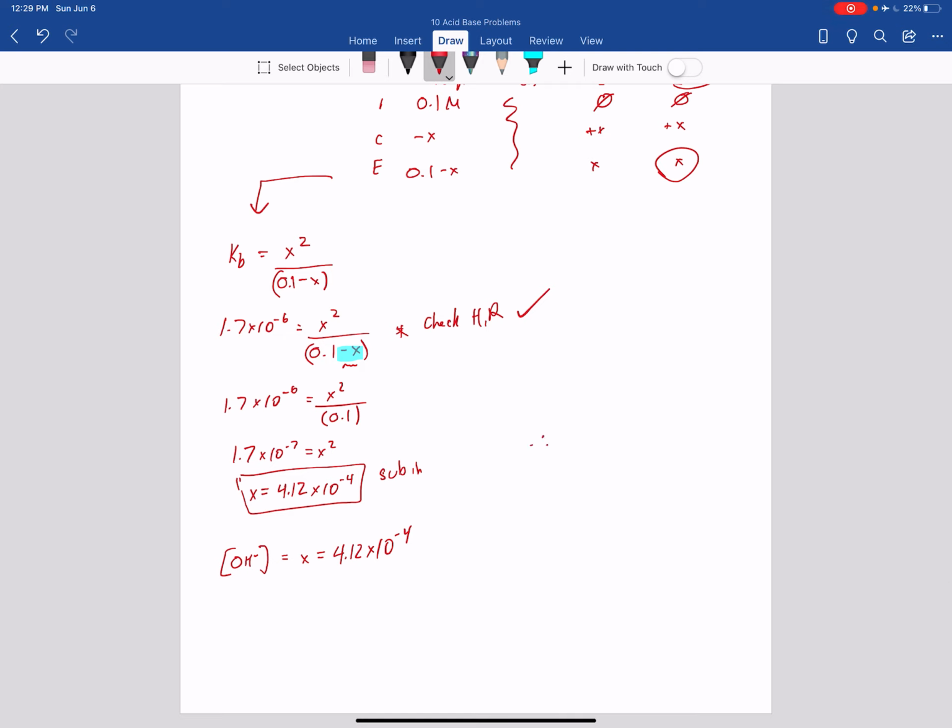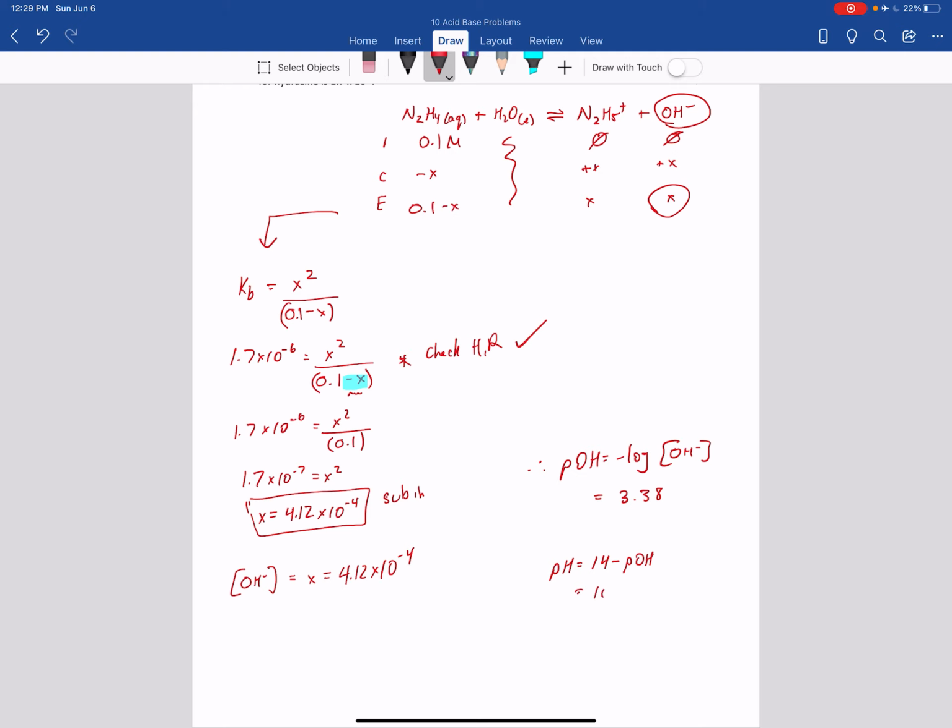So we can say, therefore, pOH equals negative log. Okay, we know what the hydroxide concentration is now. It gives us a value of 3.38. And then pH is 14 minus that value. So we get 10.62.